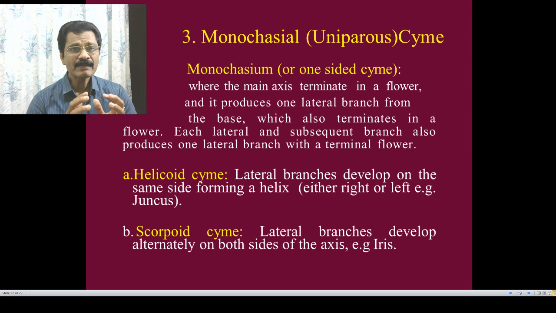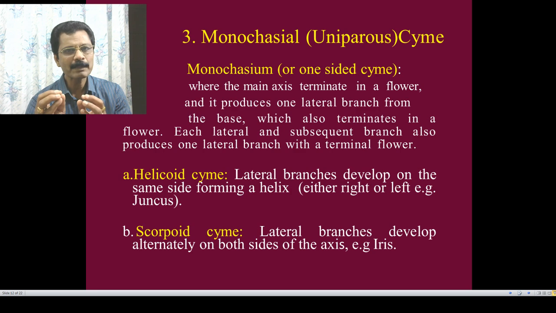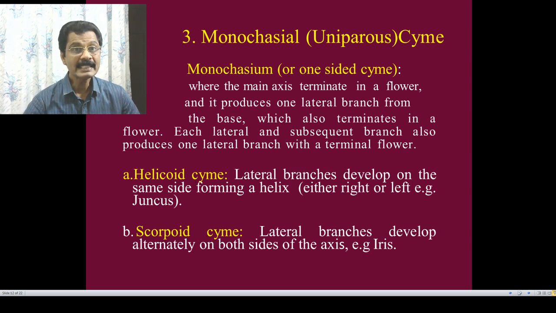Monochasial cyme means the main axis terminates in a flower and it produces one lateral branch from the base which also terminates in a flower, and each lateral and subsequent branch also produces one lateral branch with a terminal flower. That is definite inflorescence. These monochasial cymes are of two types.